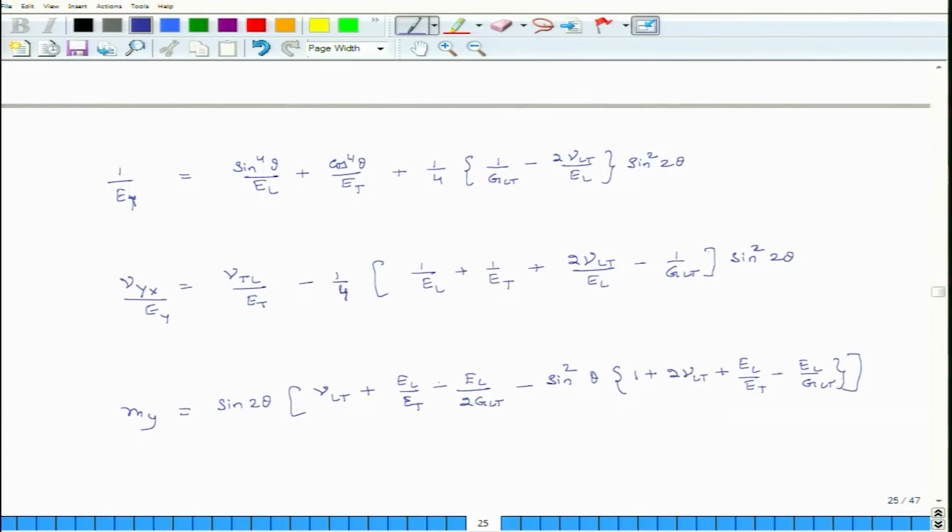So, these are the three relations, and so we will call them D3, D4, D5 and D6.